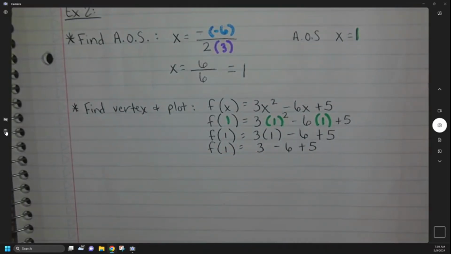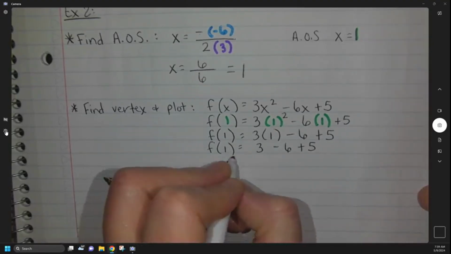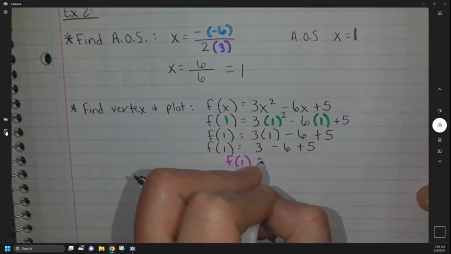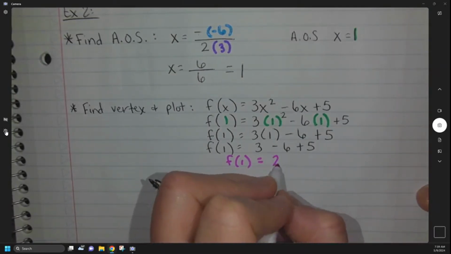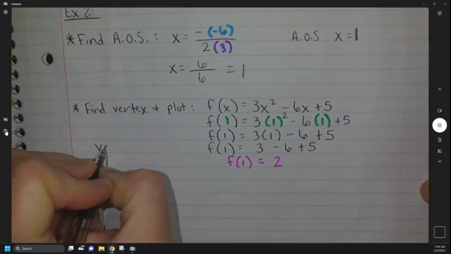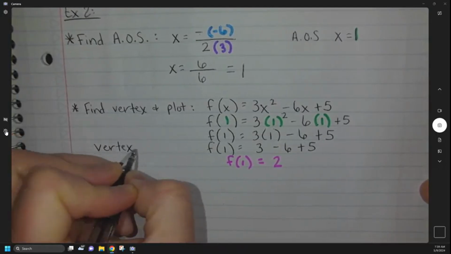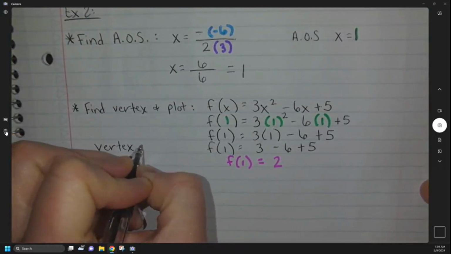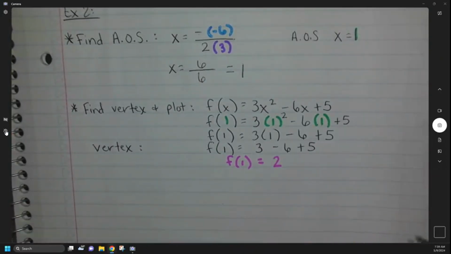So 3 minus 6 plus 5 gives us that f of 1 equals 2. So our vertex point is 1, 2.